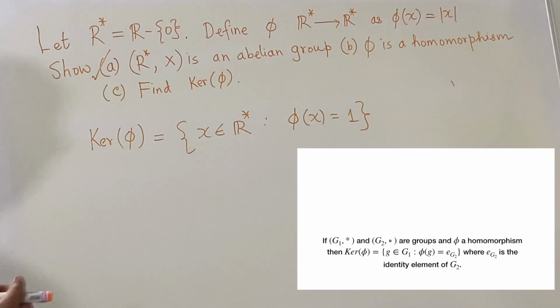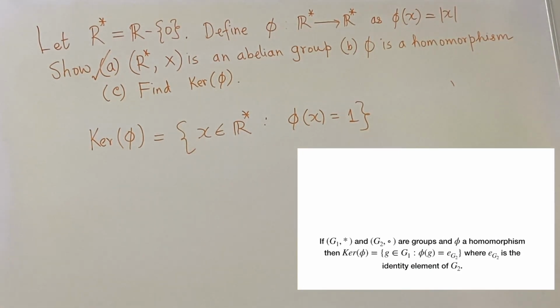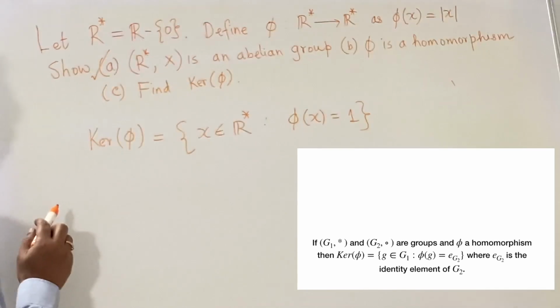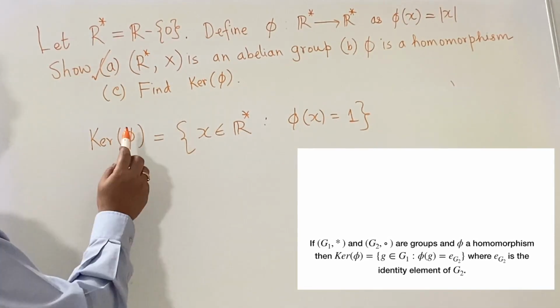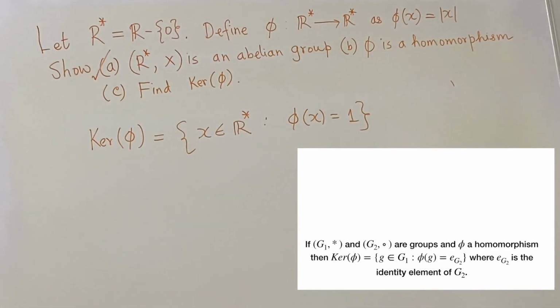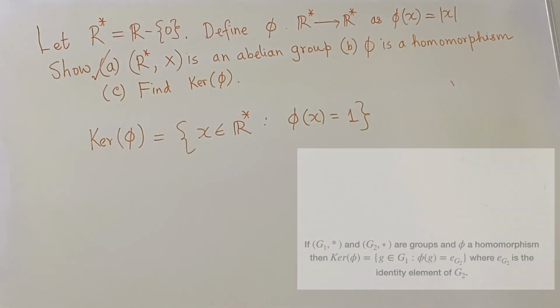But the notion of a kernel is true even when we are dealing with two different groups, say G1 and G2. So kernel would mean the set of all elements which are in the domain of the homomorphism which are mapped to the identity element of the group, which is the range.